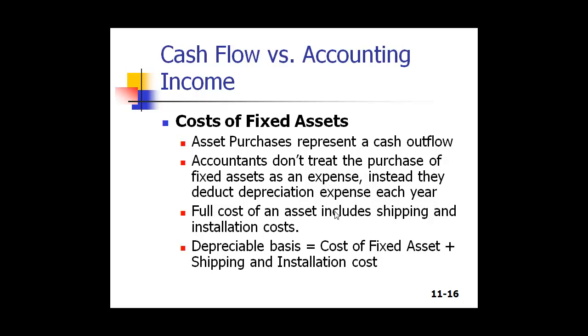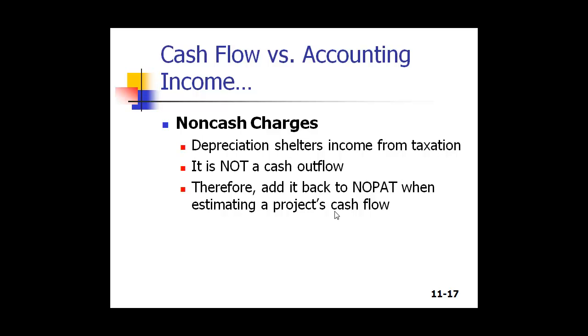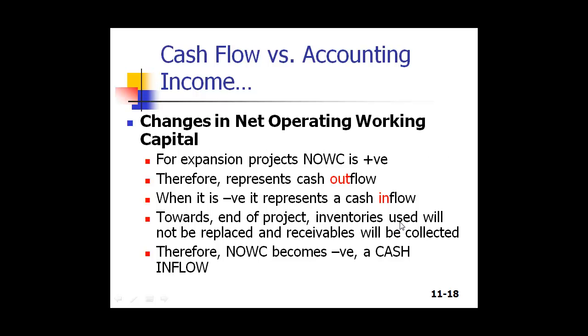What does depreciable basis mean? That's the amount in your books which you will start depreciating. Just a subtle point that you need to know. I've already made this point: depreciation shelters income from taxation. It's not a cash outflow, therefore we add it back to NOPAT when estimating a project's cash flow.